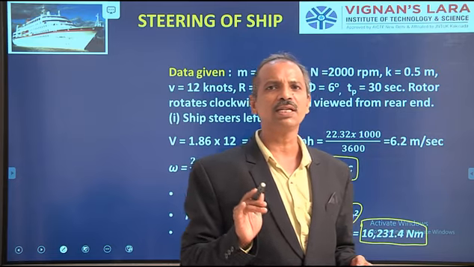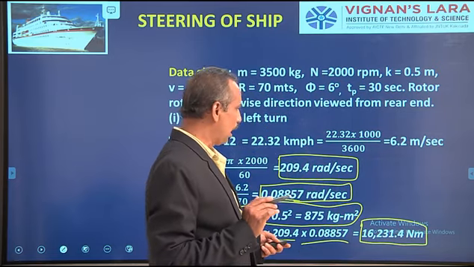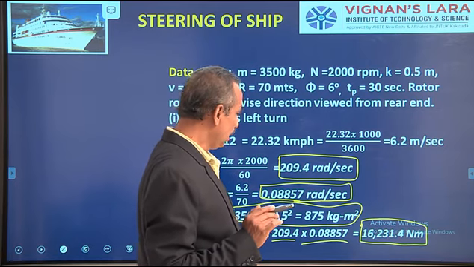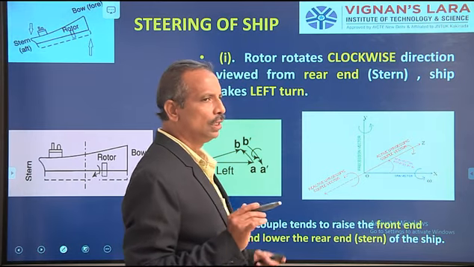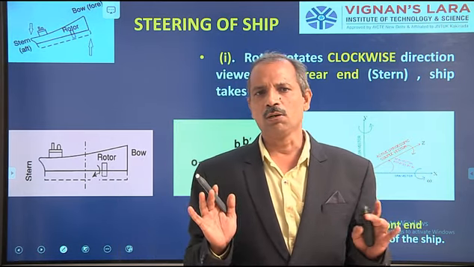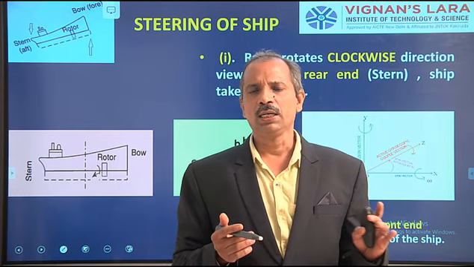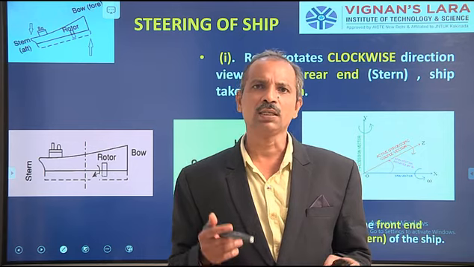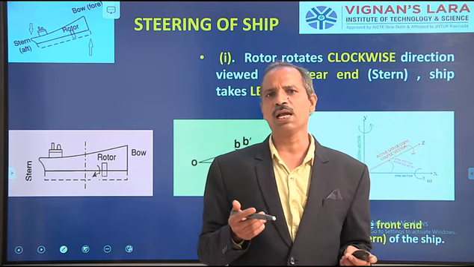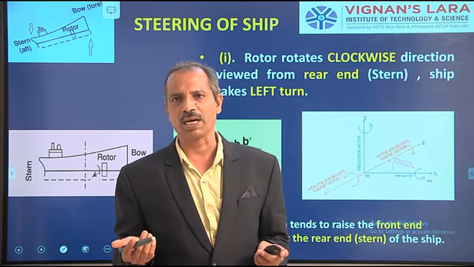But to find its effect, let us see how to solve that part. We have already discussed 4 cases in steering. Case 1: rotor rotates clockwise and it takes a left turn; second, right turn; third, counterclockwise rotation with left turn; and counterclockwise rotation with right turn.